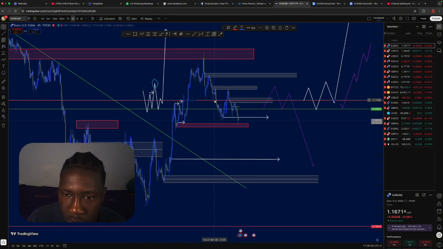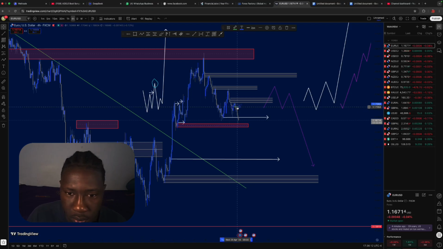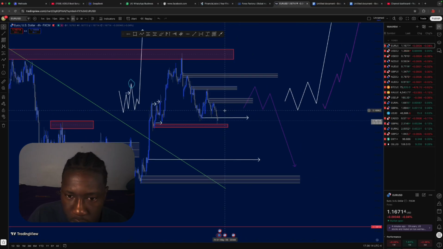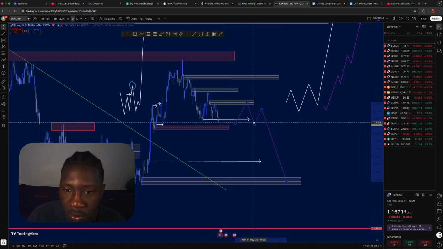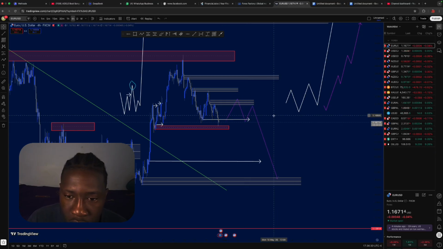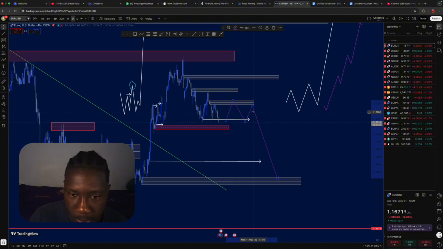The market will retest this zone before continuing going down, and after retesting that zone, it will follow this type of movement.